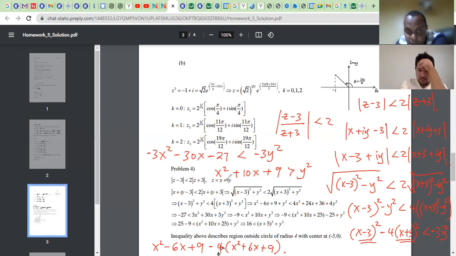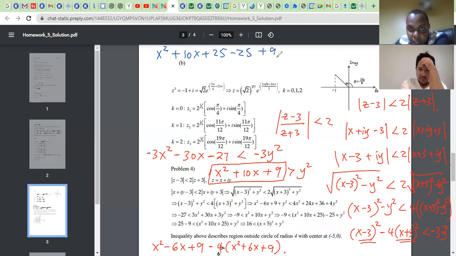So we take this part and complete the square. We do X squared plus 10X plus 25 minus 25 plus 9 greater than Y squared. We added 25 and subtracted 25.